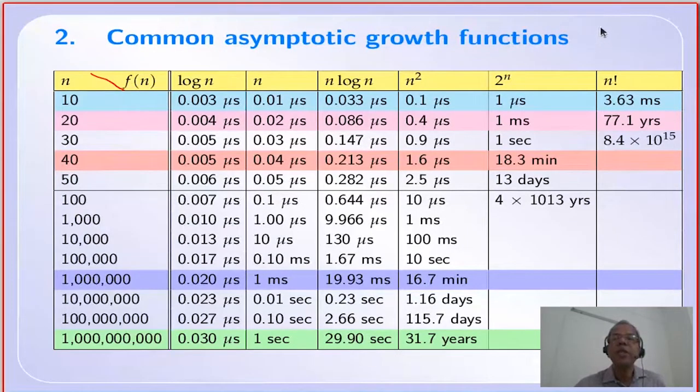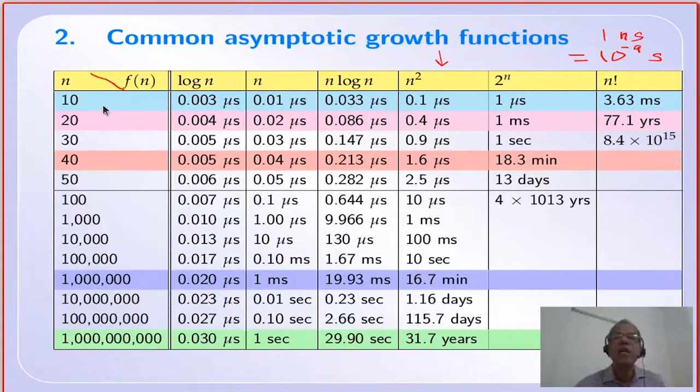Suppose execution of the basic operation takes 1 nanosecond. This is equal to 10 power minus 9 seconds. Then for an input size of 10, what is the running time? Suppose this is the algorithm, which has a running time of n squared.